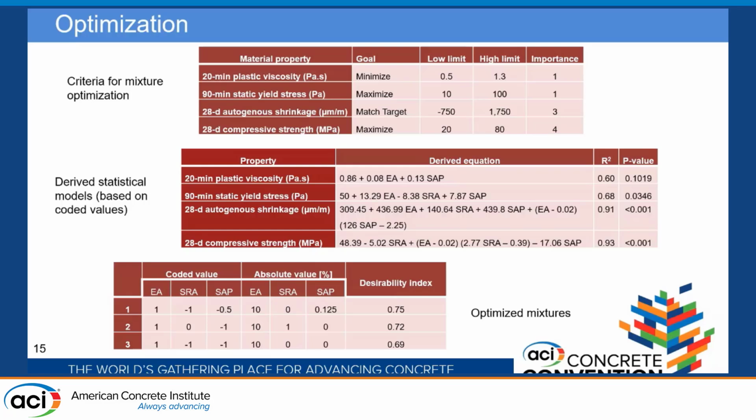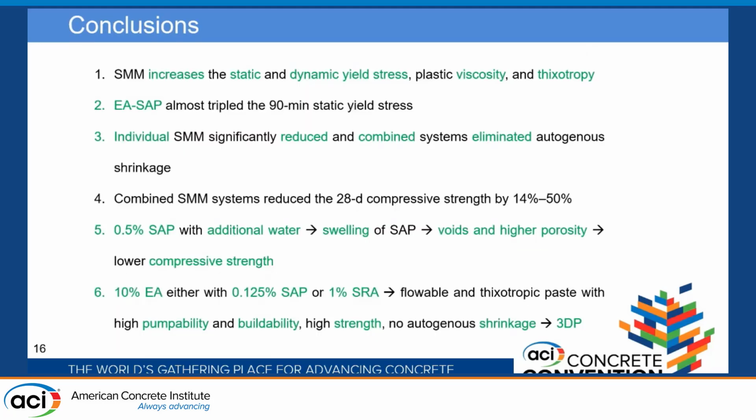Based on that, you see the derived statistical models with pretty good R squares. And I nominated 3 combinations of these systems, including EA and a low amount of SAP, EA with low content of SRA, and individual EA. In conclusion, shrinkage mitigating materials increase the static and dynamic yield stress, plastic viscosity, and thixotropy.